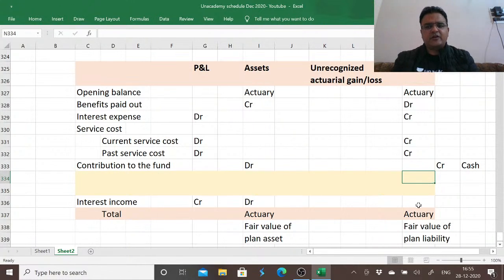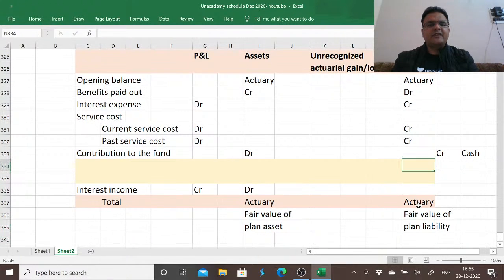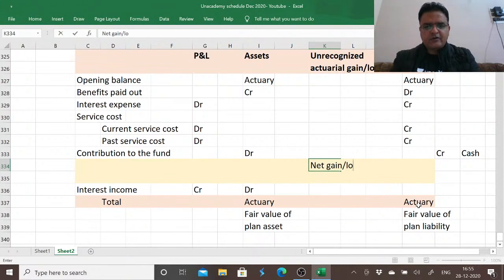If the liability decreases according to our calculation, we expected the liability to be, the opening balance was this, it decreased with the benefit paid out, it increased with the interest expense, it increased with the current service cost or past service cost. And when we did the total of the liability, the fair value liability calculated by the actuary is lesser, then there is a gain. If it is more, then there is a loss. The net gain or loss is presented as part of OCI.